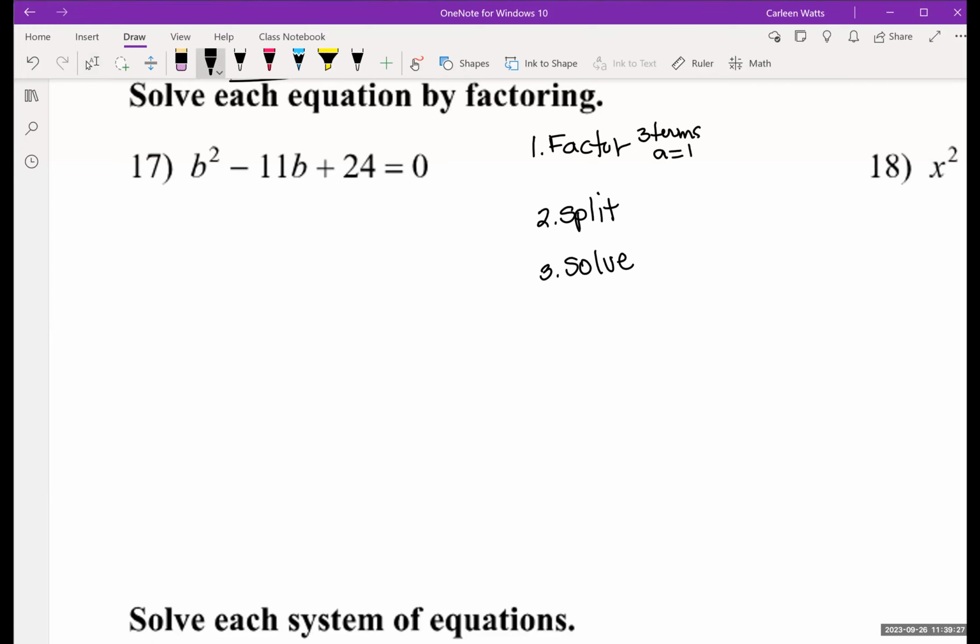A is equal to 1. So we're going to do diamond. So I need two numbers that multiply to get positive 24 and add to get negative 11. Negative 8 and negative 3. So we factor into B minus 8 and B minus 3.